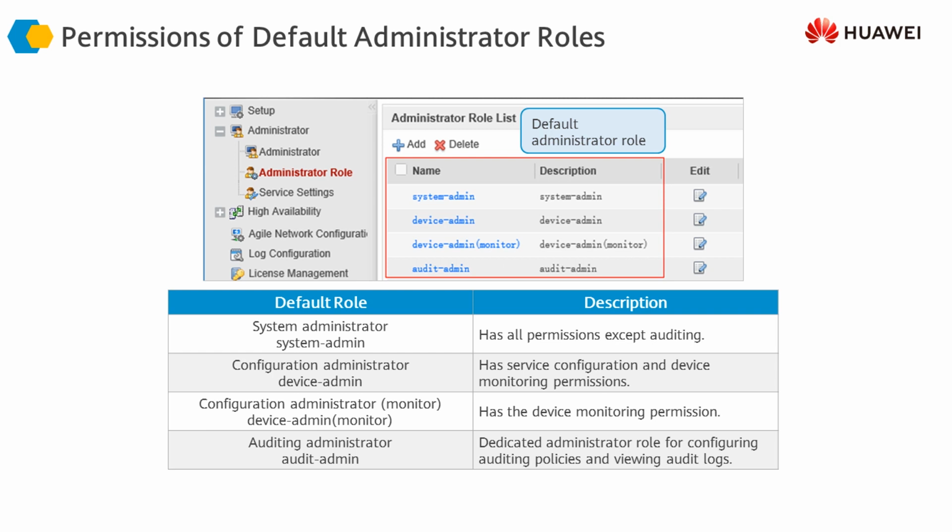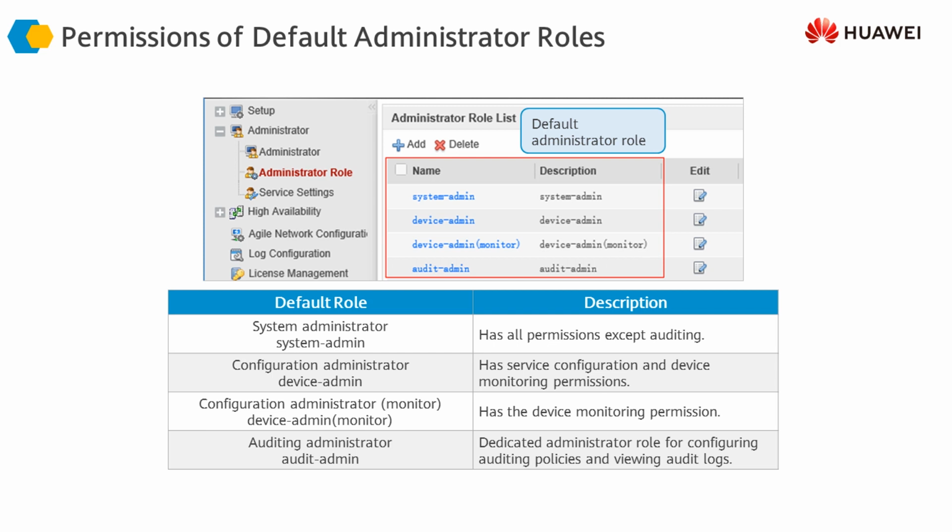For example, the system admin role has all the permissions except auditing. The configuration administrator, the device admin role, has all permissions except the audit function.